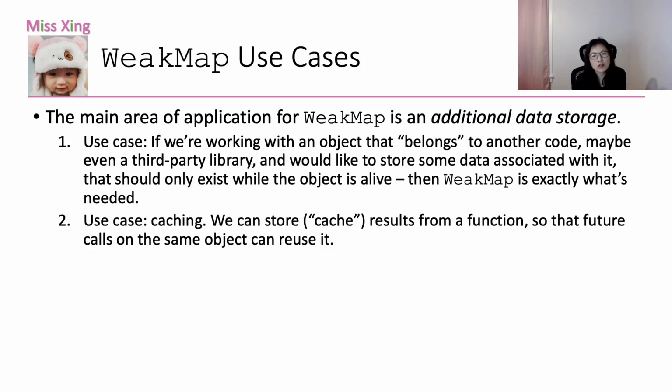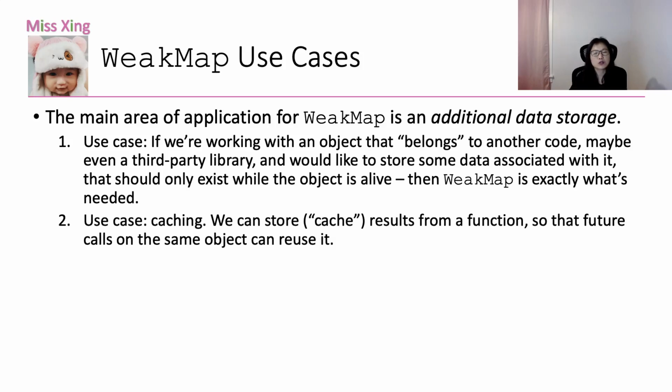There is also another hidden reason: the object may be sealed, which means you don't want to change the structure of the object itself. In JavaScript, when you have an object, you can use dot notation to add extra features to it, right?